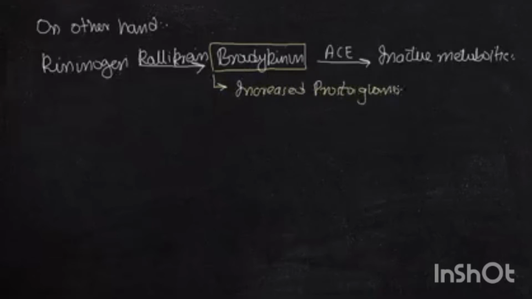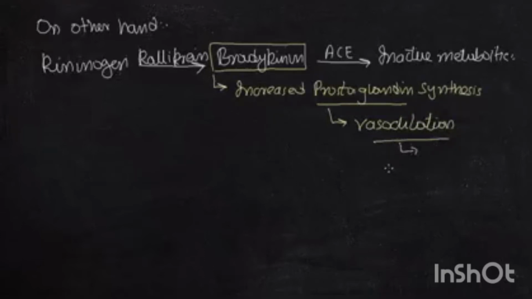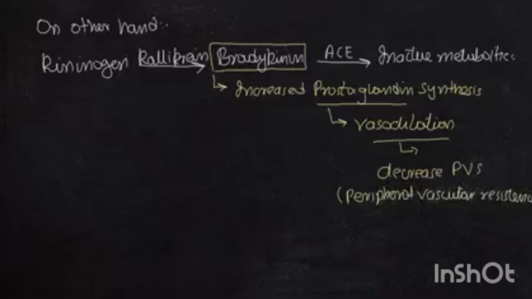The metabolism of bradykinin takes place in the lungs as well. Normally, bradykinin causes prostaglandin synthesis, which is responsible for vasodilation. This vasodilation causes decreased peripheral vascular resistance, thereby decreasing the blood pressure.